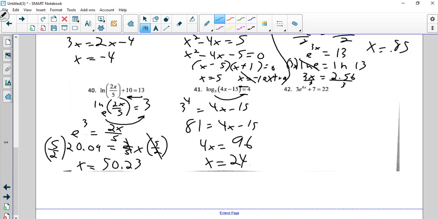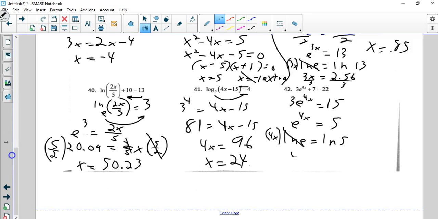And last one for this section. We're going to minus the 7. So that's 3e to the 4x equals 15. Divide by 3. e to the 4x equals 5. ln both sides. I said, if you want to move the 4x here right now, that's fine. Equals ln 5.